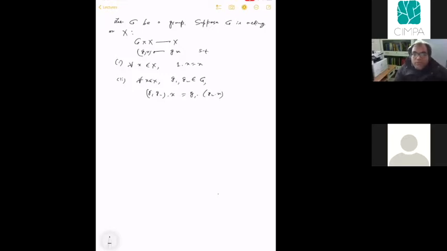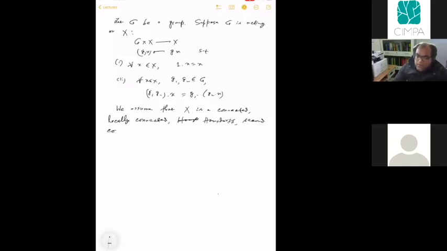Okay, so we assume now that X is a nice space. I mean, connected, locally connected, Hausdorff, second countable, topological, maybe also locally compact.